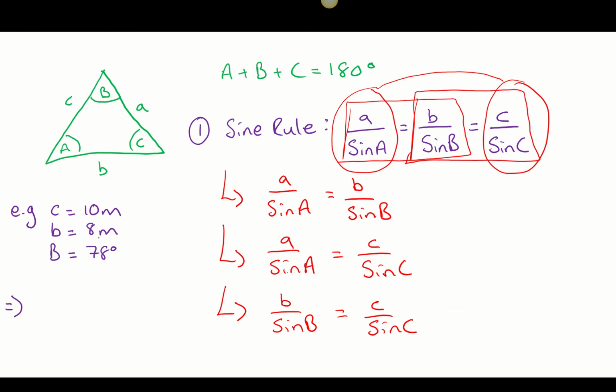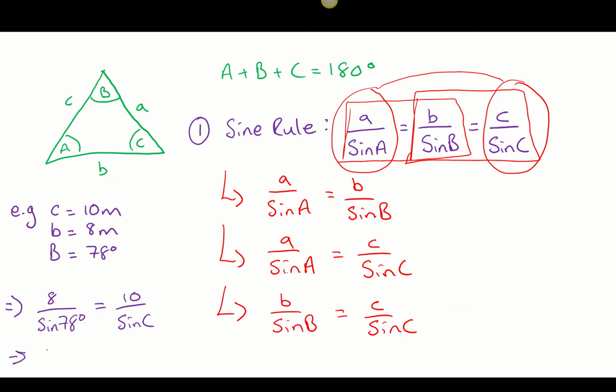So what we're saying is that the side B, 8, divided by the sine of 78 degrees will equal C, which we said was 10, divided by the sine of C. Now there's only one unknown in that equation, so we can rearrange it.